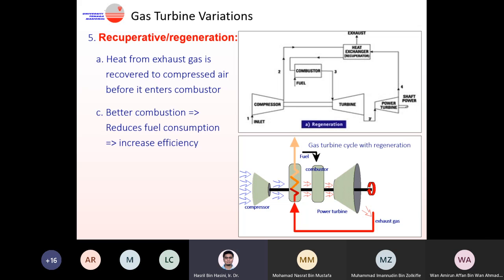When you have higher combustion air temperature, it means better combustion efficiency. And when you have better combustion efficiency, the amount of fuel that we use can also be optimized. With better combustion you can reduce the fuel consumption, and at the end of the day, the overall efficiency of a gas turbine increases as well. So we call this method regenerative or regeneration, or some people call it the recuperative method. You preheat the air that goes into your combustion chamber.